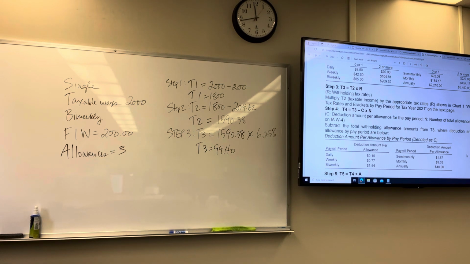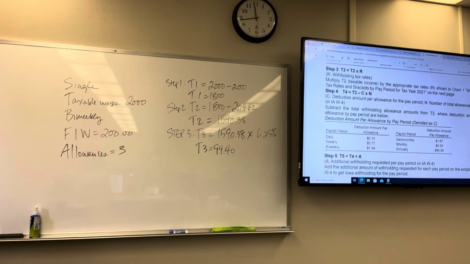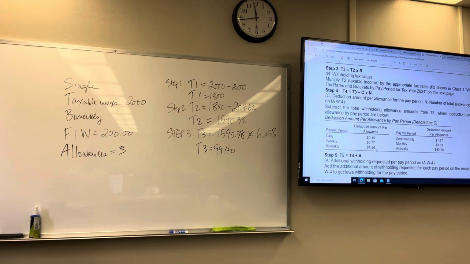Step 4. Let's see, T2 times, so 99.40 times equals T3, minus the deduction amount per allowance for the pay period. These are the deduction amounts per allowance for the pay period down here. So for a bi-weekly pay, $1.54 times 3.